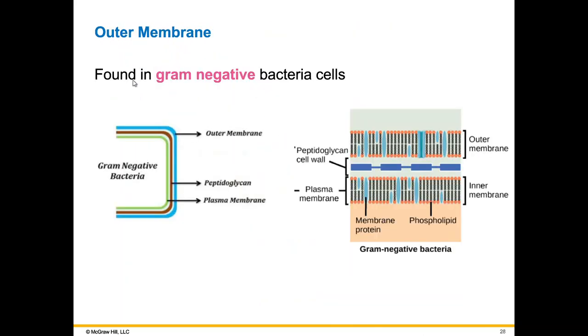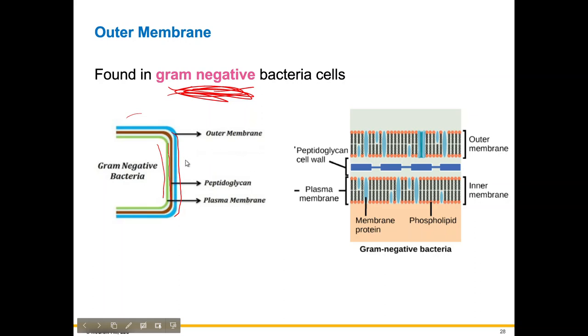So now let's move to additional outer membrane layers. These are found in gram-negative bacteria cells, and you will find out what that means later. But again, if we have a gram-negative cell, they're still going to have a plasma membrane. That's in green. They're still going to have a layer of peptidoglycan, but these also have a blue layer we call the outer membrane.